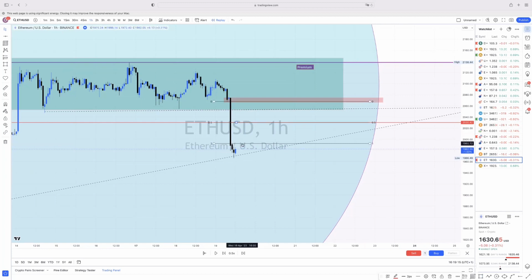However, I have seen a break and a retest, but that retest is not convincing enough. However, I've seen a closure above that area.